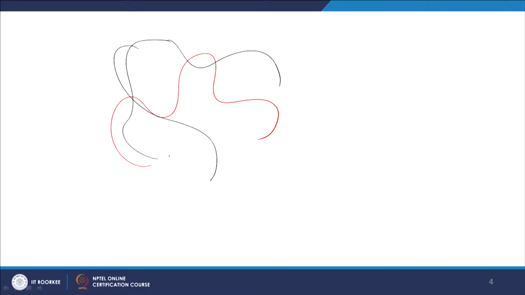So, I am simply drawing something that resembles a Maggi noodle. So, let us say we have a polymer chain or a noodle strand that, instead of being alone, is present in a system containing many other polymer chains.